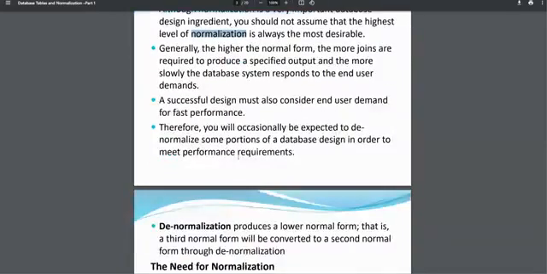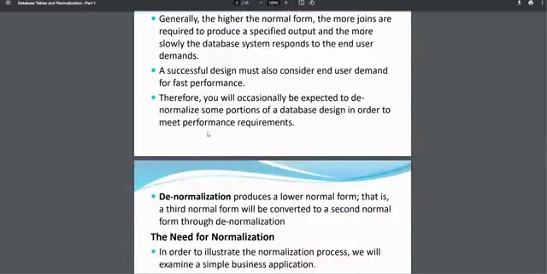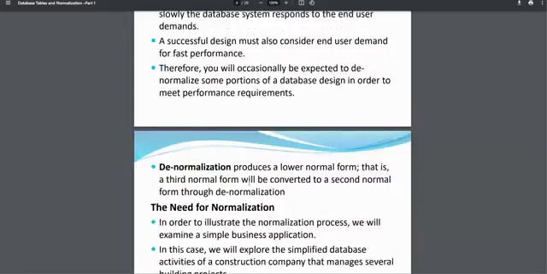Normalization means you can start from 0. After that, go to first normal form, second normal form, third normal form, and fourth, Boyce-Codd normal form, according to our syllabus. After that, if needed, you can go back through denormalization, from a higher level to a lower level of the normalization stages.